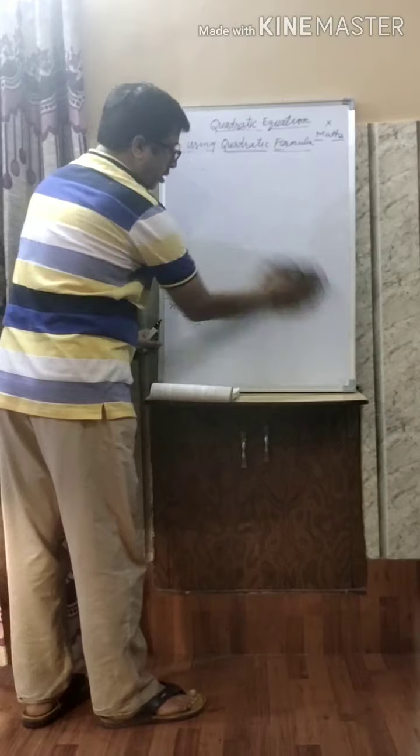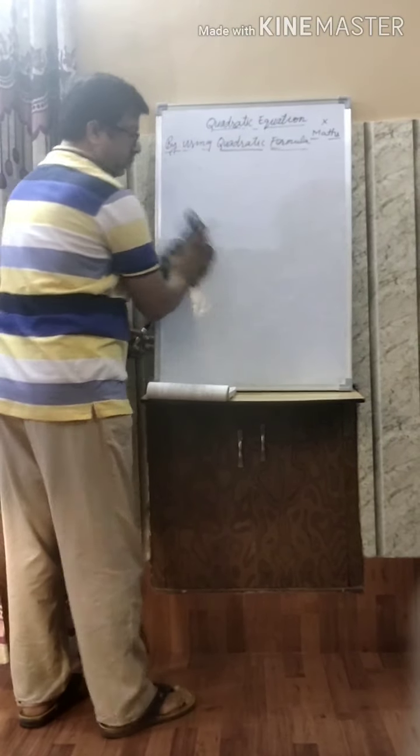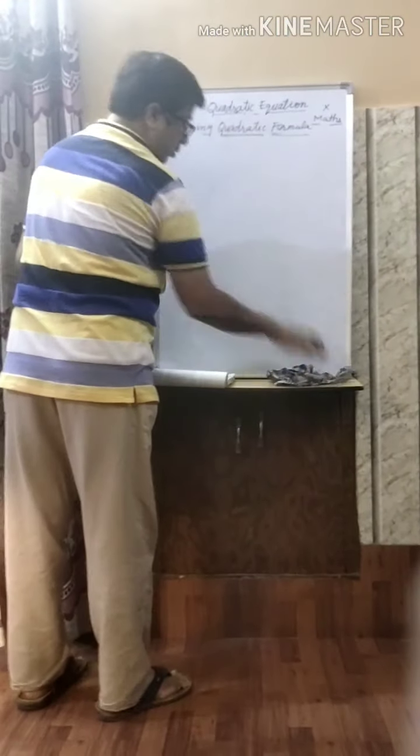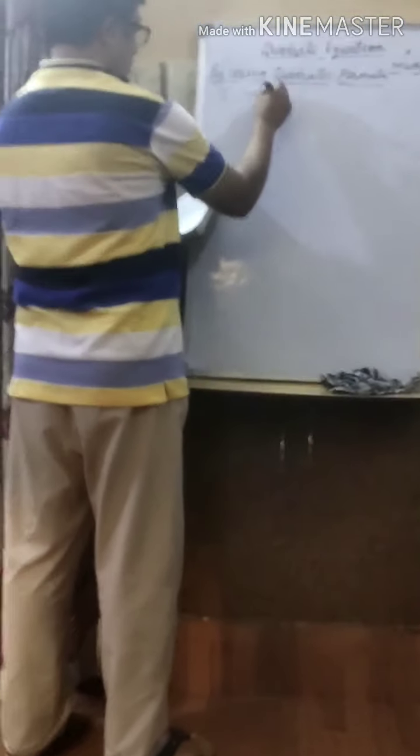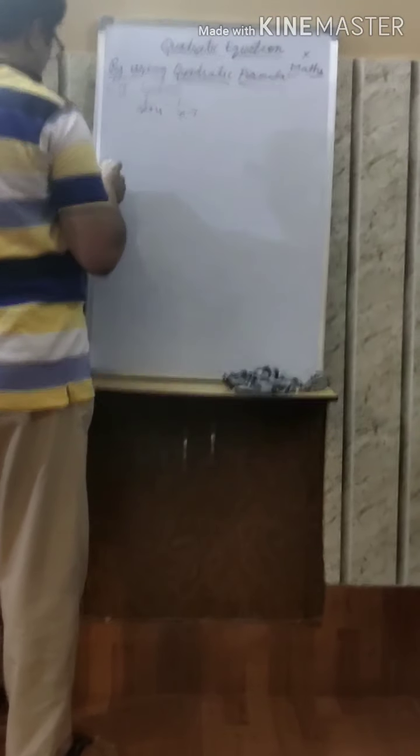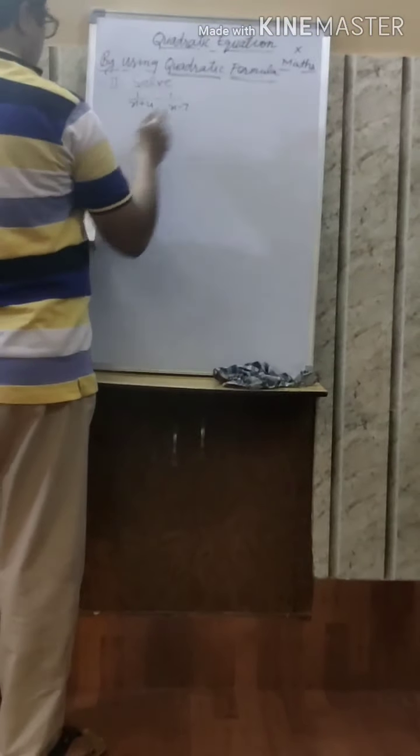You see this third question, second part also. Read the statement. He is saying solve and find the roots of the equation: 1 upon x plus 4 minus 1 upon x minus 7 is equal to 11 by 30.